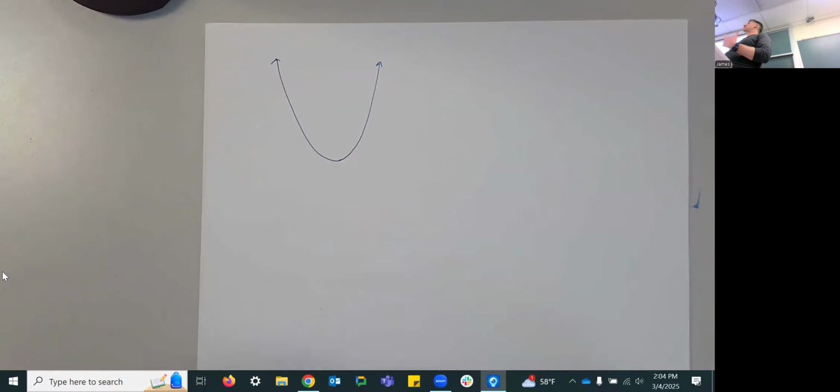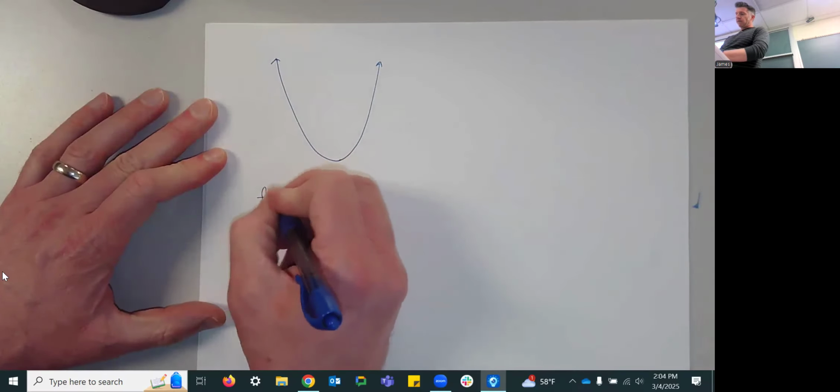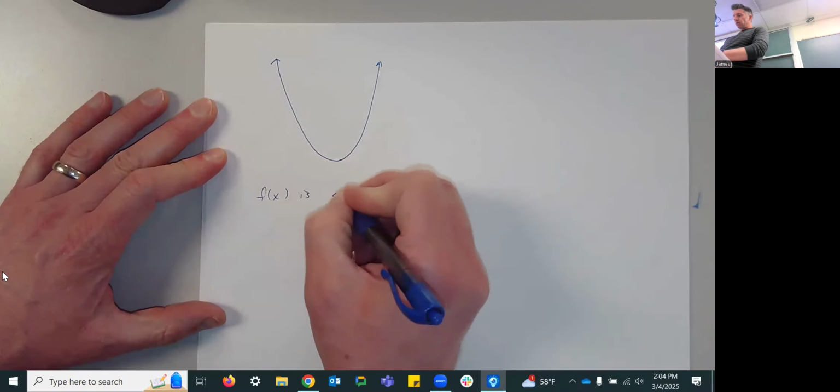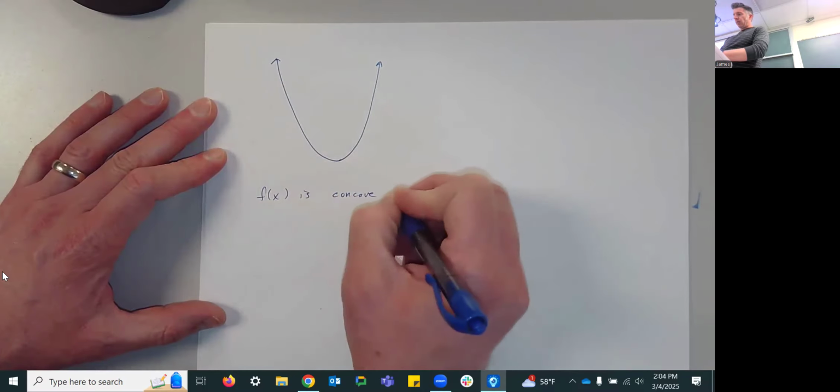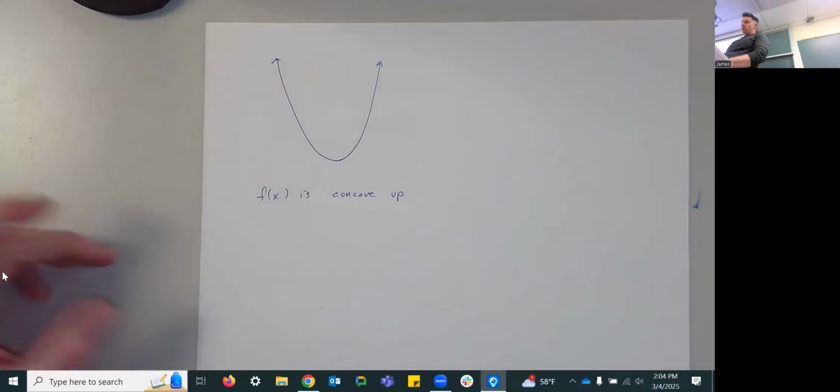So a few things I would say about this function. First, I would say the function itself is concave up. It's opening upwards. That's one way of describing upward concavity, although there are three other ways of describing it, one of which I think is neat.